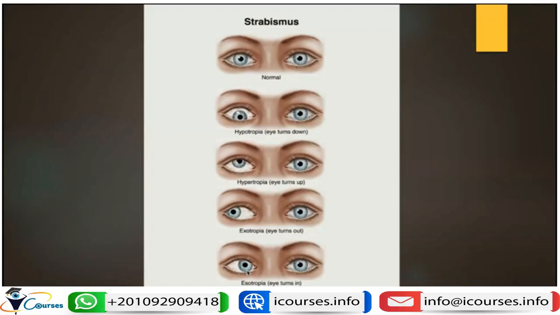Tropia means a manifest squint, while a latent squint is called phoria. So hypophoria means there is a latent downward squint. Hyperphoria means there is a latent upward squint. Exophoria means there is a latent outward squint. Esophoria means there is a latent inward squint.